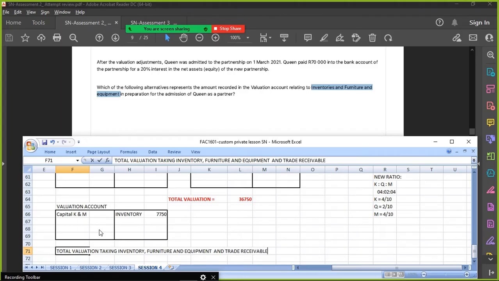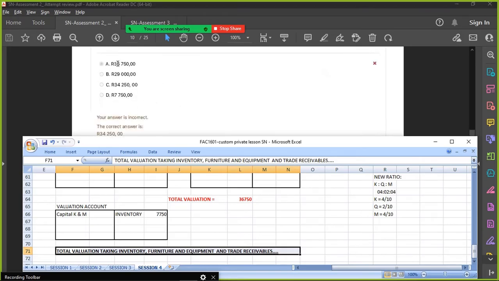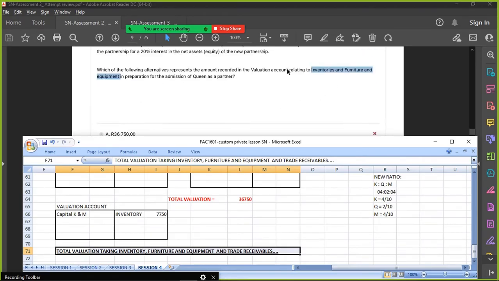That's the problem with the question. This is unfair. I would be complaining about this one because your answer is correct. There's nothing wrong with your answer. It's in line with what they asked you to calculate. I'll definitely be sending this to them. They asked for inventory and furniture. They didn't ask for inventory, furniture, and trade receivables.